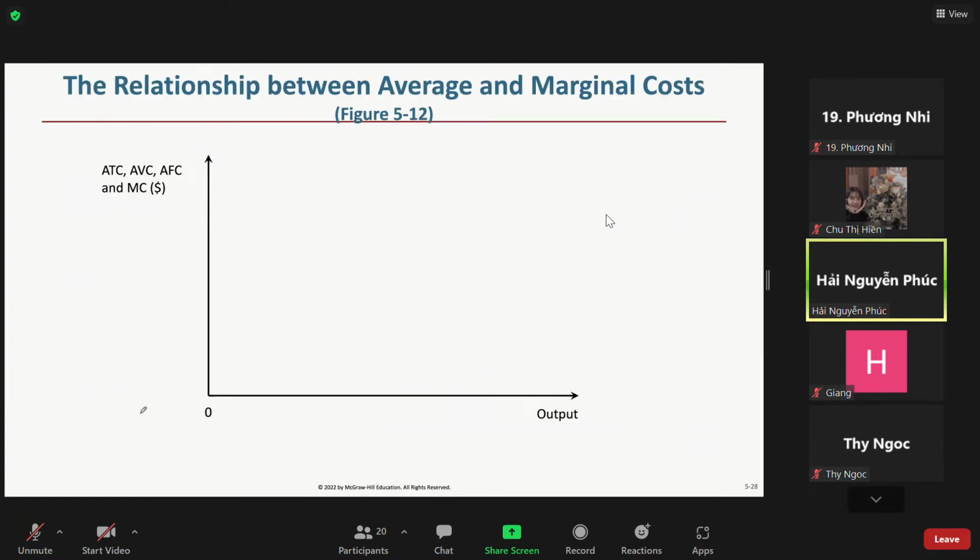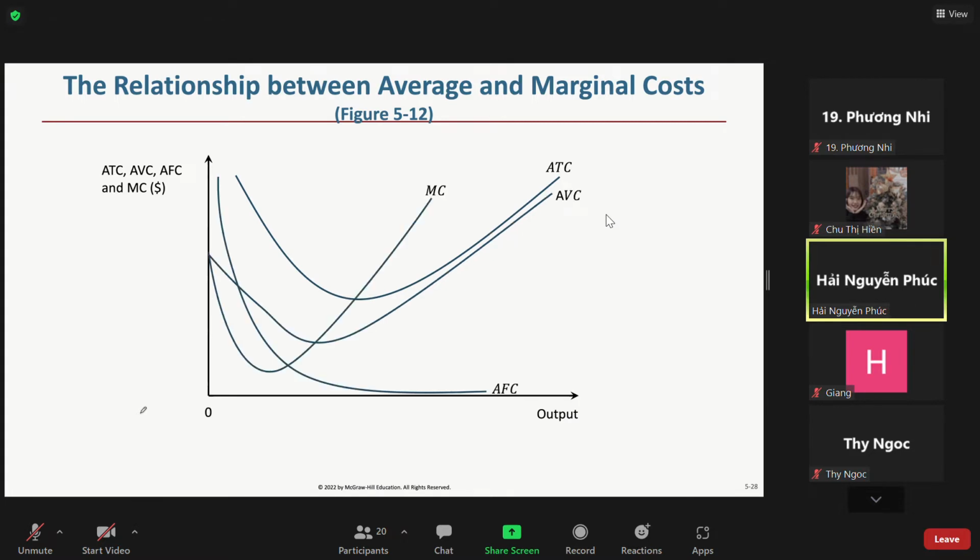Now let's take a look at the relationship between the average and marginal cost. It is very important to point out the following. The marginal cost curve will cross the AVC curve and ATC curve at the point of their minimum. At the point of their minimum. So it looks like this.